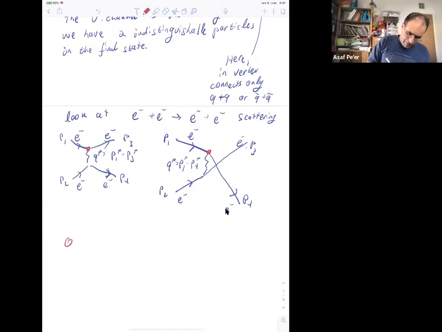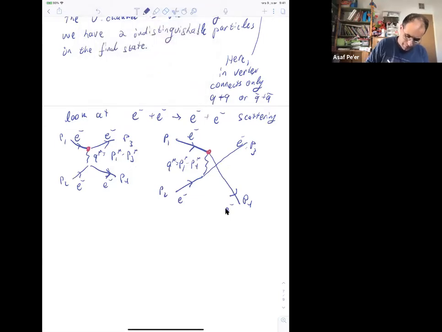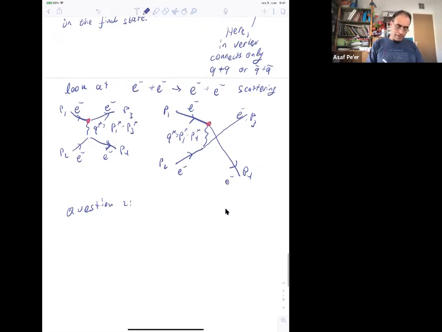Okay, so another question. So question 2. What are the leading order diagrams, or should I draw the leading order diagrams contributing to the following processes?